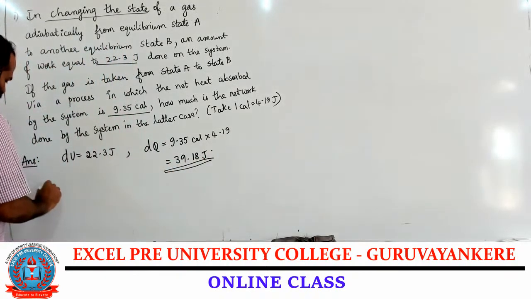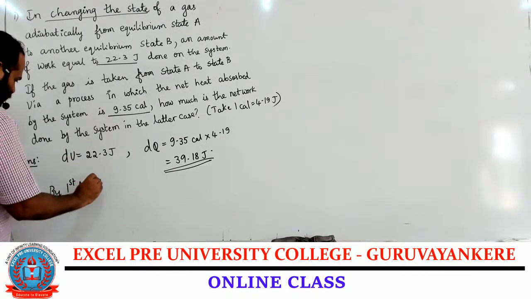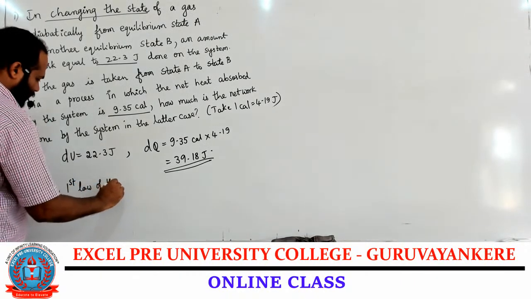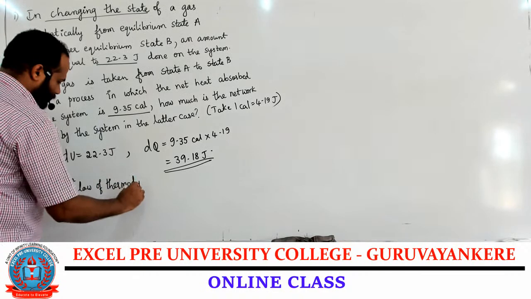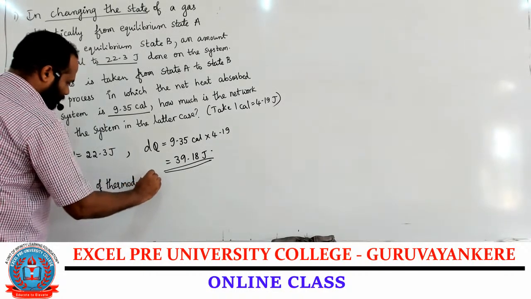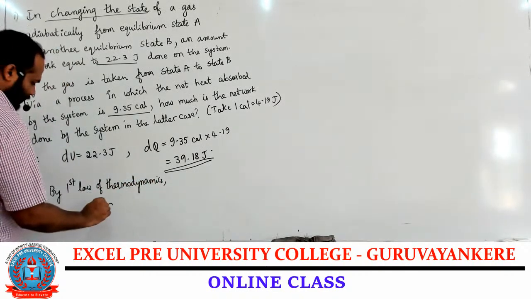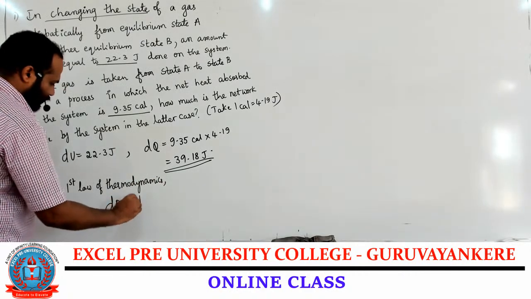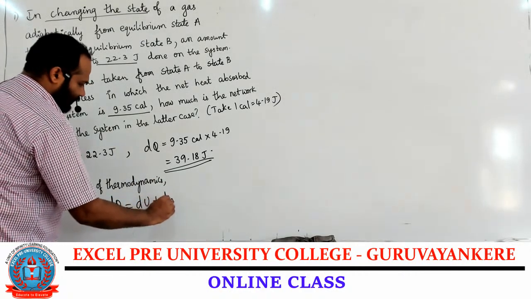So by the first law of thermodynamics, dQ is equal to dU plus dW.